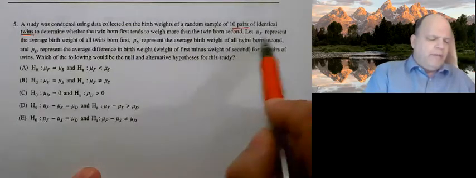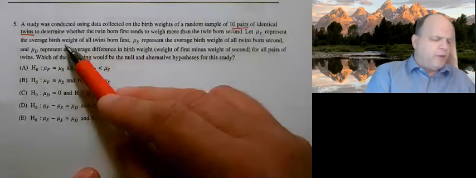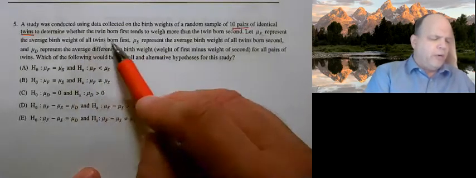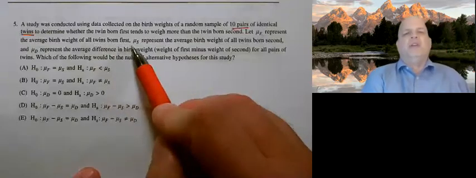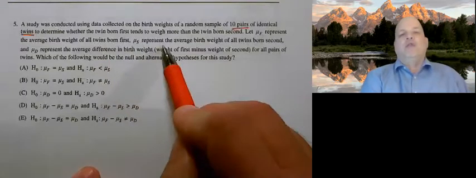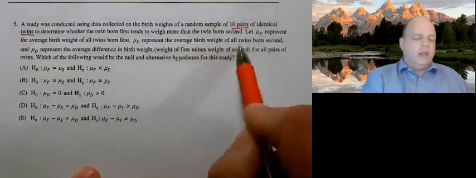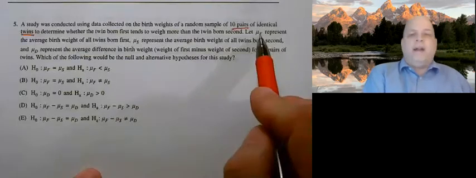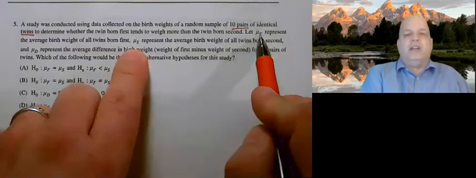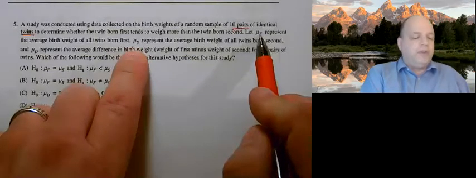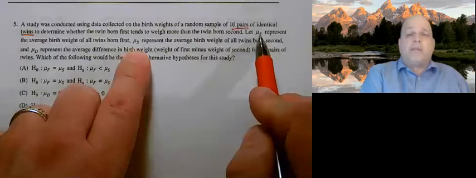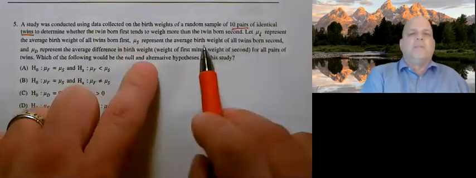Let MF represent the average birth weight of all twins born first, and MS represent the average weight of twins born second. So I'm sitting there going, oh, we have an average of first and an average of second. That's two, that makes this two sample. That's not a paired. Let's keep reading.